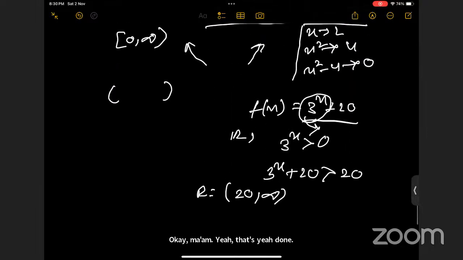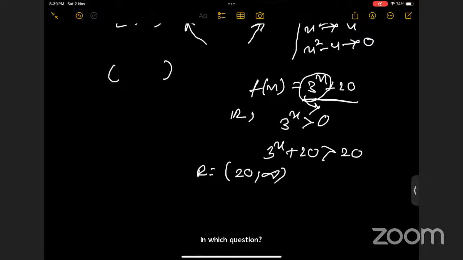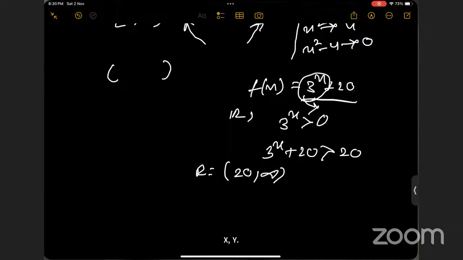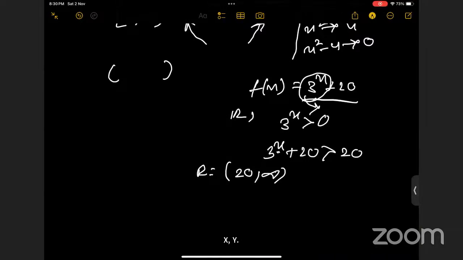Ma'am, here x cannot be equal to 1, right? In which question? Exponential function, because it will be a constant then. Okay, but there is no problem if x is equal to 1, no?